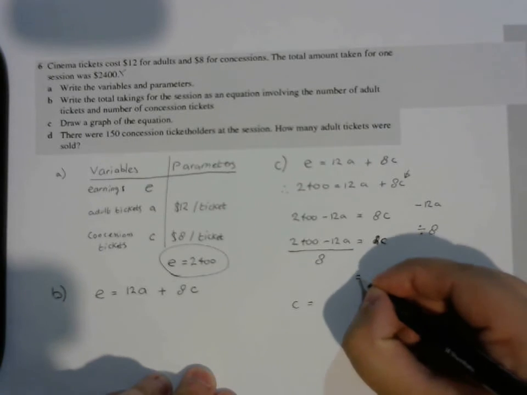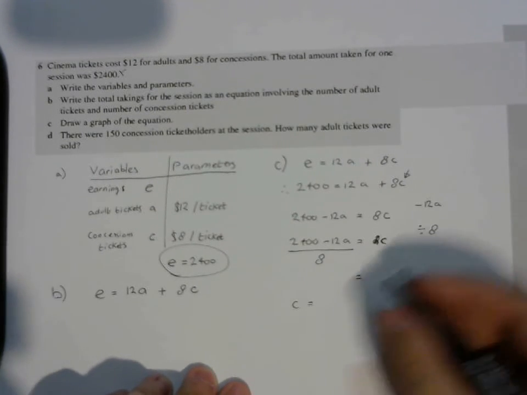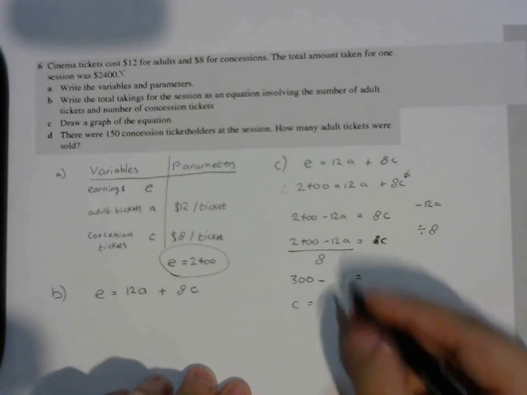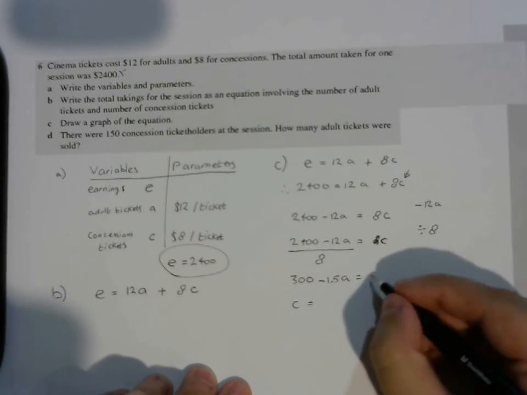Now let's simplify that. 2400 divided by 8 is 300, minus 12 divided by 8 is 1.5 times A equals C.